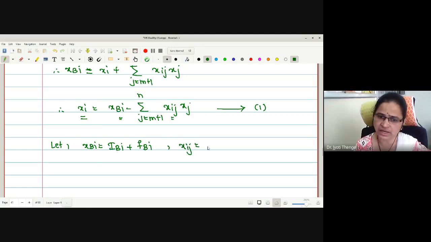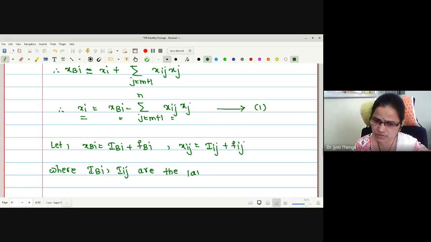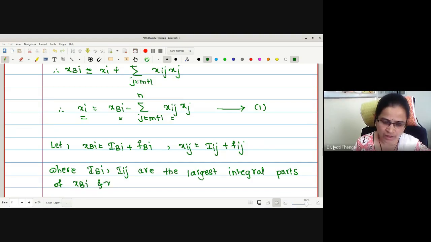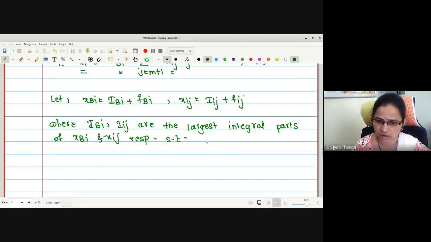Similarly, let me write xij as Iij plus Fij. Here Ibi and Iij are the largest integral parts of xbi and xij respectively, such that the value of the integer part Ibi must be less than or equal to xbi.